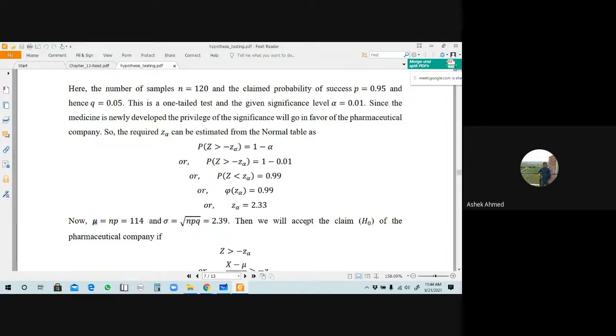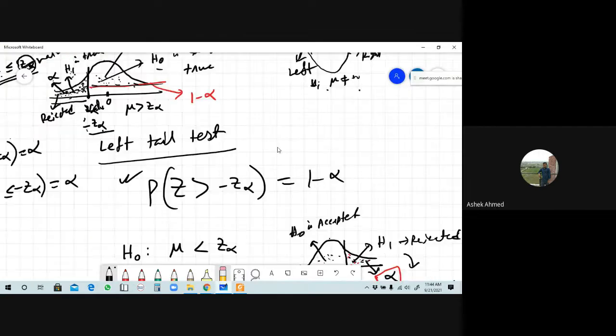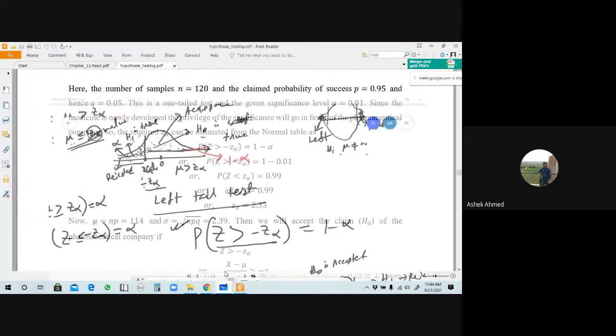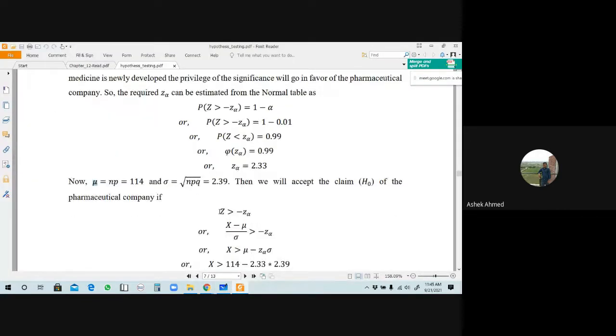So we will accept the claim of the pharmaceutical company if H1 is true, and this depends on the acceptance region. To find the acceptance region we apply this inequality: z is greater than minus k, where z equals minus z sub alpha replaces k.